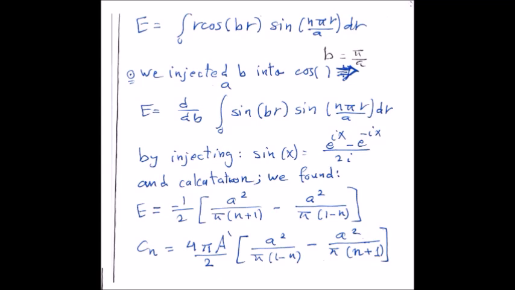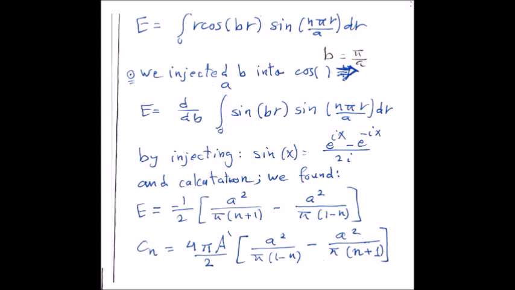And I take another integration which depends on r, and it is a bit nasty and complicated, so I will use another trick in order to calculate it. The trick is to treat the constant b in the cosine of b r over a as a variable.